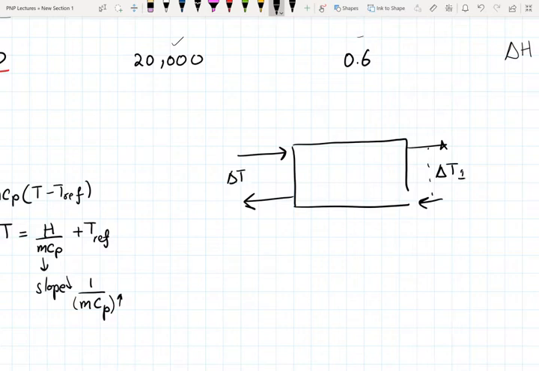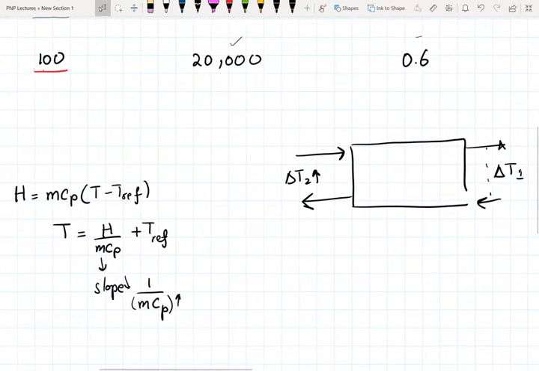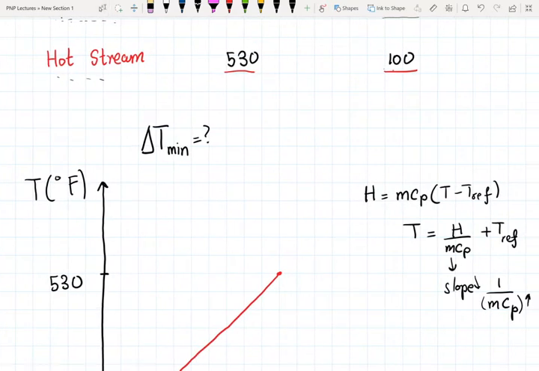So there's a temperature difference between both of the streams, and that temperature dictates the driving force of the heat transfer, and it's going to impact the size of the heat exchanger. Now the bigger the driving force, the smaller the heat exchanger is going to be, and so that impacts the area of the heat exchanger, but as you can see, it has other impacts on how much utility you're going to use. So we're going to pick a delta T minimum of, let's say, 10 Fahrenheit in our case.